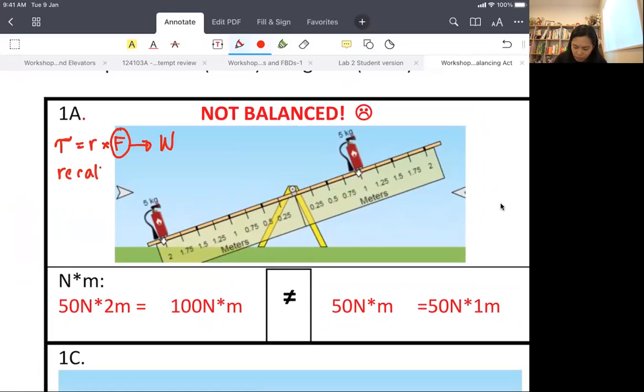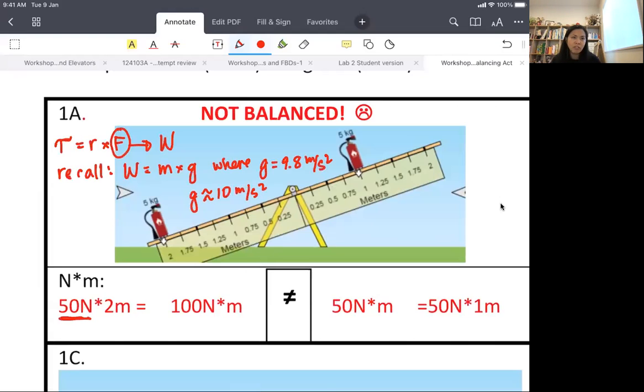Recall, weight is equal to mass times gravitational acceleration, where g is equal to 9.8 meters per second squared. Or to make things simpler here, we can just use g is approximately 10 meters per second squared. So we're just multiplying the mass by a factor of 10, and that makes it simpler. That's why the weight of the 5 kilogram mass is 50 newtons. It's 5 kilograms times 10 meters per second squared.